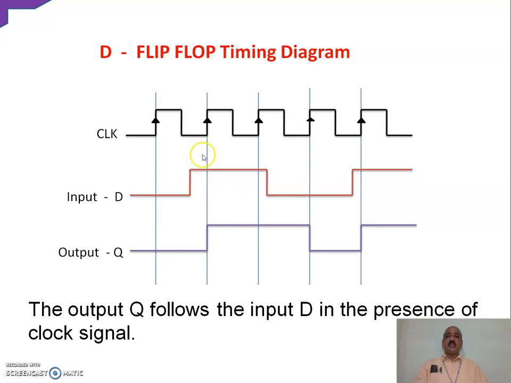That is, what is the delay? Till the next positive edge triggering comes, the output will remain in the same state even if there is a change in D. When the next positive edge triggering comes, whatever the D state is, that will appear at the output. So that's why the name delay flip-flop, that is nothing but the D flip-flop. Output follows the input in the presence of a clock signal.